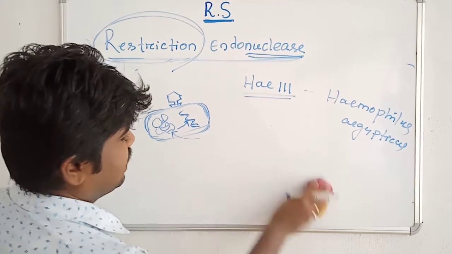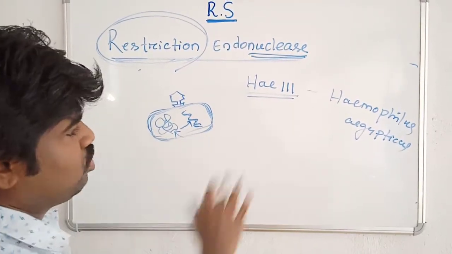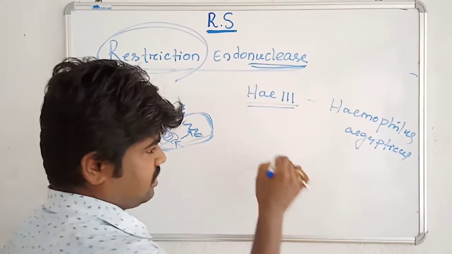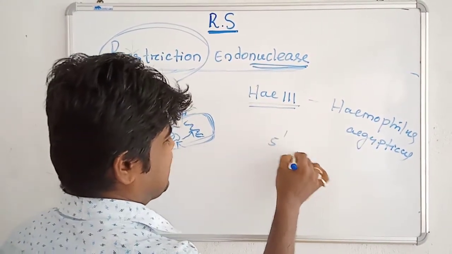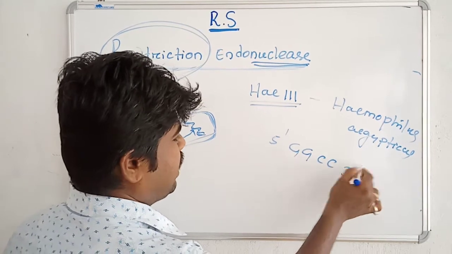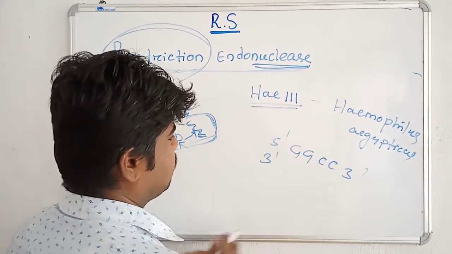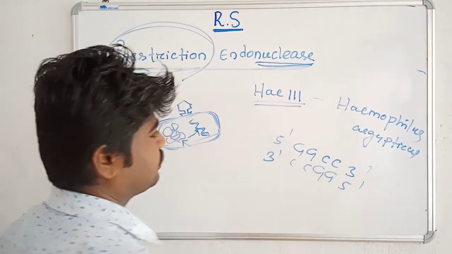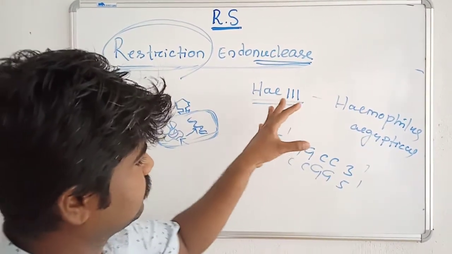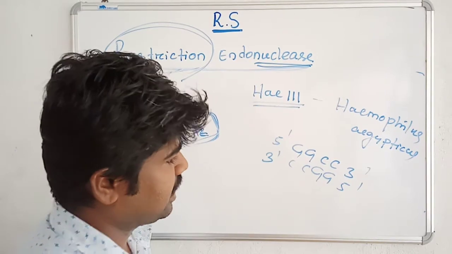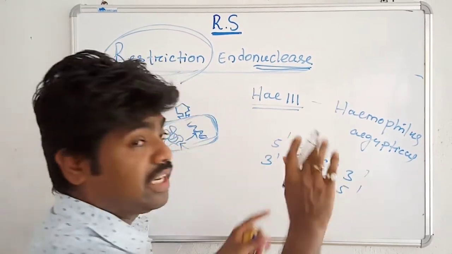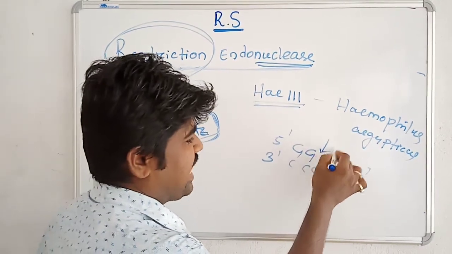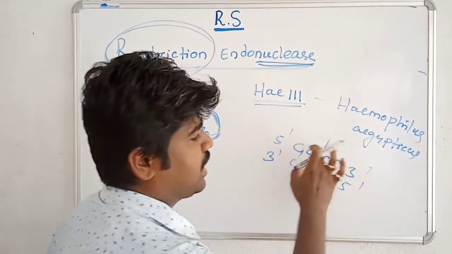And wherever this enzyme encounters the sequence 5' GGCC 3', and the complementary strand 3' CCGG 5', right? Wherever this enzyme encounters this sequence, it cuts between the adjacent G and C. So it makes cuts here, right?